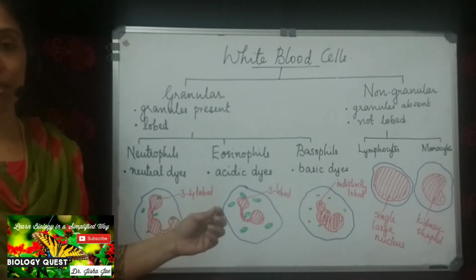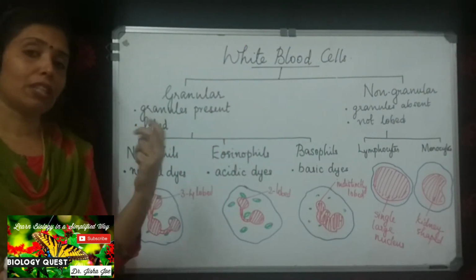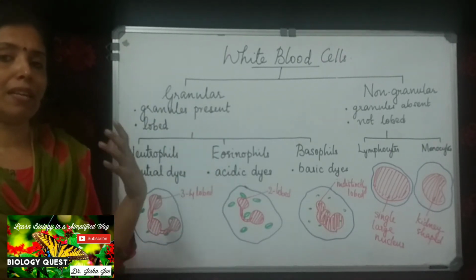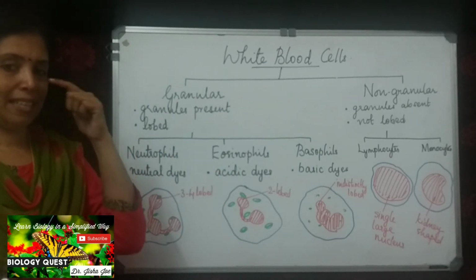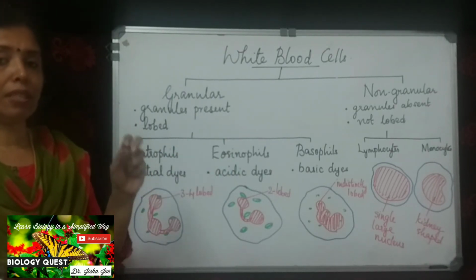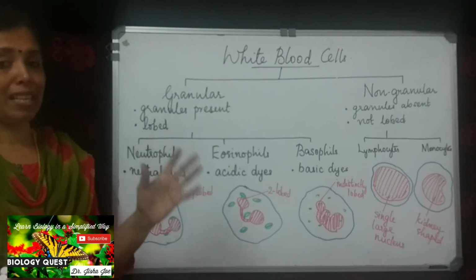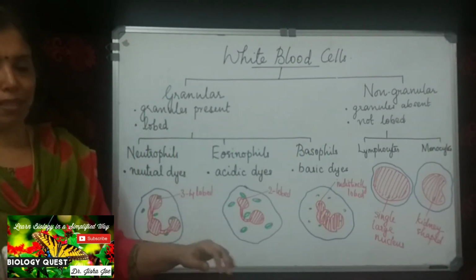Basophils are concerned with inflammation. When there is an inflammation in our body, at the region of inflammation, we can see the same process, that is diapedesis and phagocytosis, taking place, leading to the destruction and killing of the disease-causing germ or bacterium, and the damaged cells are even engulfed by the WBCs there.